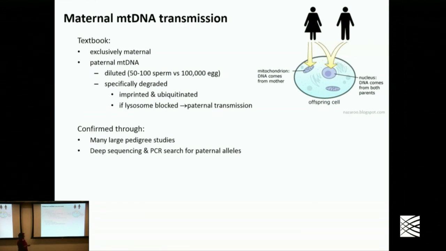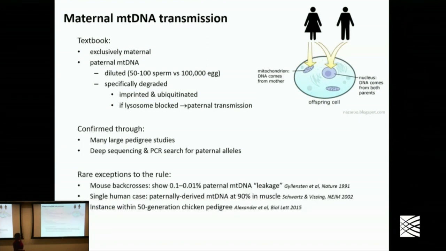And this uniparental or maternal transmission has been confirmed through very large pedigree studies. People have been looking for paternal inheritance through deep sequencing and PCR to search for paternal alleles, and pretty much there's none. There are a couple of exceptions that kind of prove the rule. They did mouse backcrosses generation after generation, and looking really hard, they could find 0.01% to 0.1% leakage of paternal alleles.